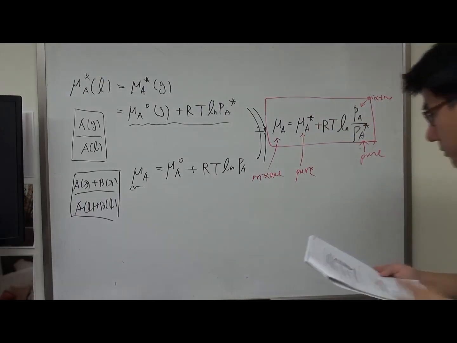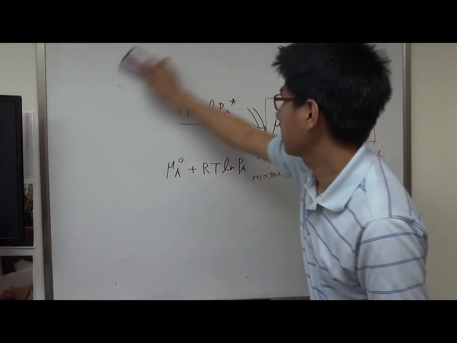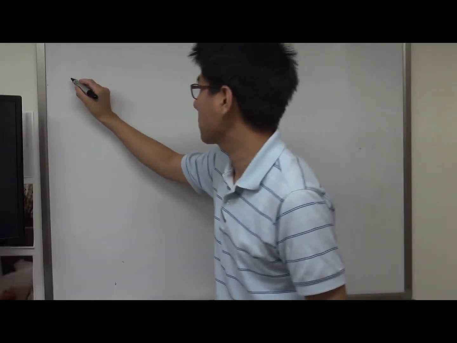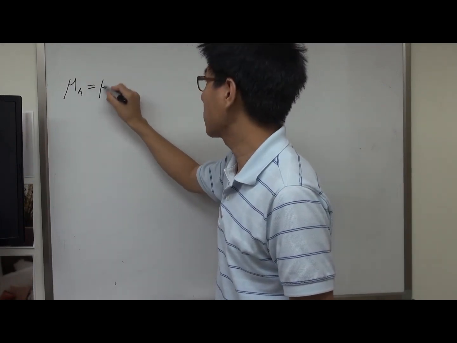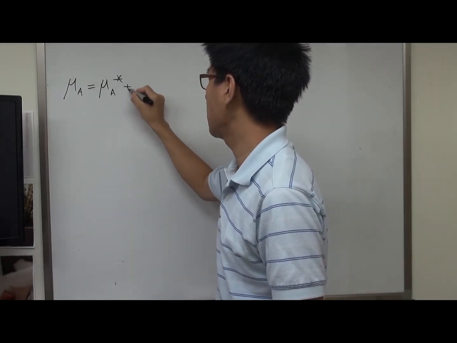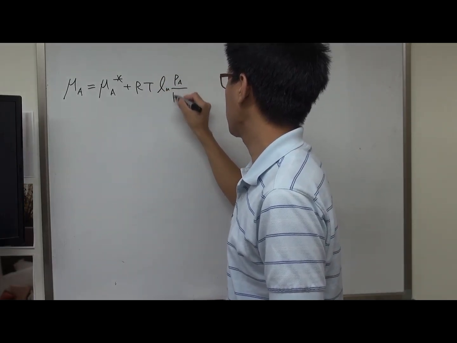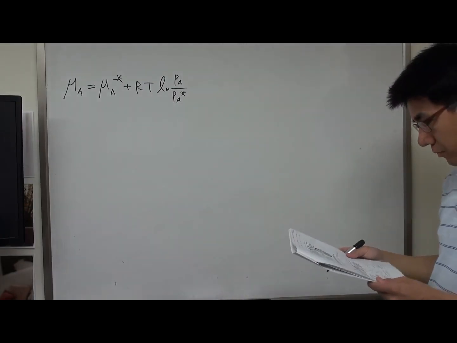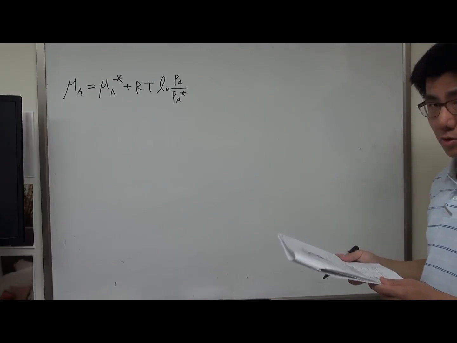Alright. Let's move on. If I write down the general expression again, mu A, chemical potential of liquid in a mixture, is equal to mu A star plus RT ln PA over PA star. Okay? In the next slide, you see there is Raoult's law.